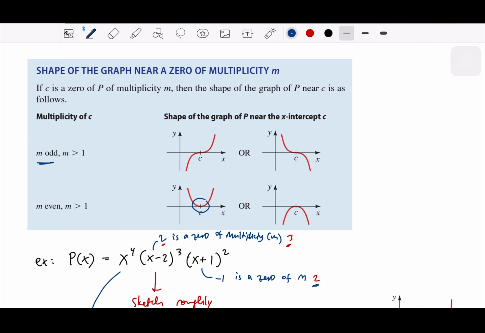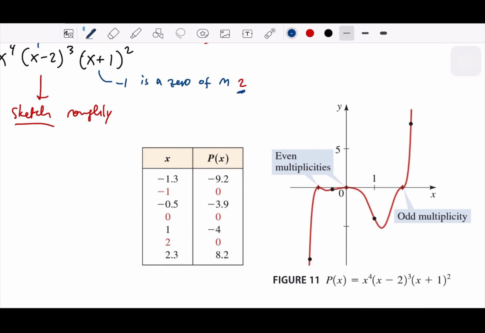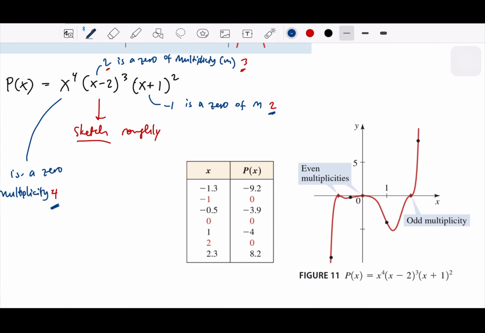Because this is just an example, let me write negative 1 here, then 0, and then 2.